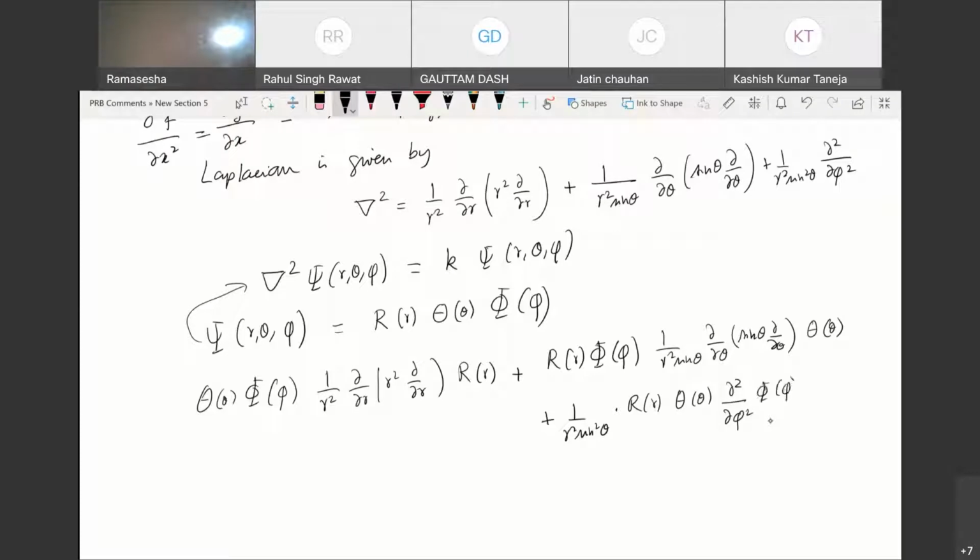Okay, so this is equal to k times R of r Theta of theta Phi of phi.